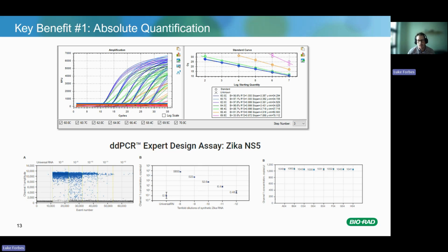In this case, we're looking at the viral load of Zika virus across 5 10-fold dilutions, and you can see how accurate the assay is across those 5 dilution series. It goes from about 5,800 copies per microliter to around 520, to around 52.6, and all the way down to 0.48. So very little variation between your samples across the run.